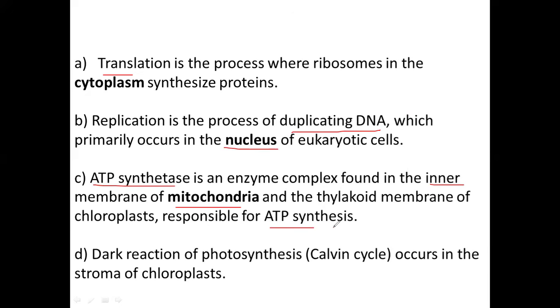And ATP synthesis ki help అవుతుంది. Next is dark reaction of photosynthesis will be occurring in the chloroplast. Chloroplast లో ఎక్కడ అంటే stroma. Dark reaction is also called as Calvin cycle. So ఈ specific slide లోనే ఎన్ని questions అయినా play చేయొచ్చు. So very important topic.